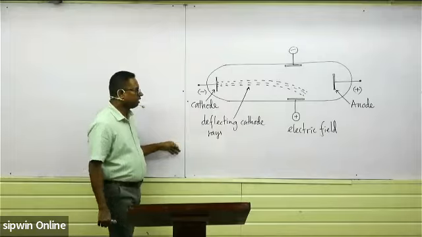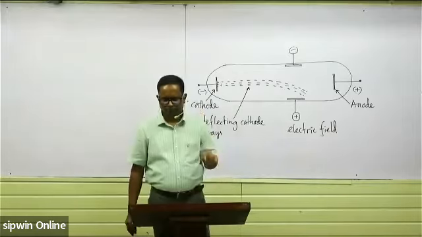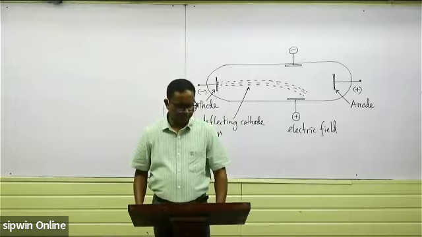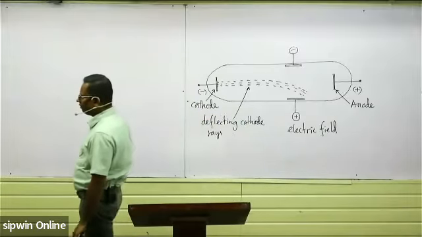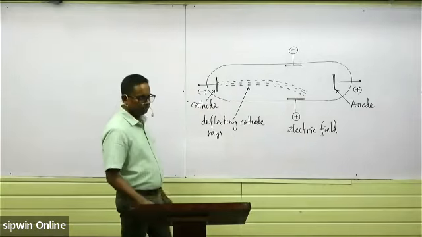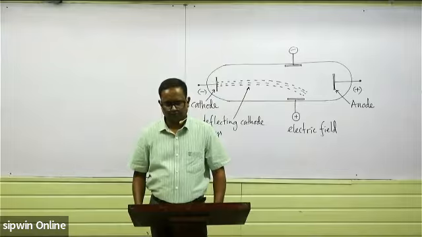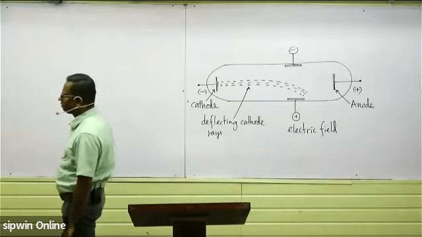Okay. Below this, right. Because cathode rays deflect towards the positively charged plate. Deflect towards the positively charged plate.